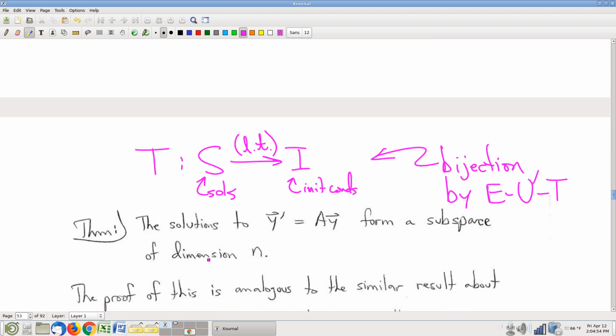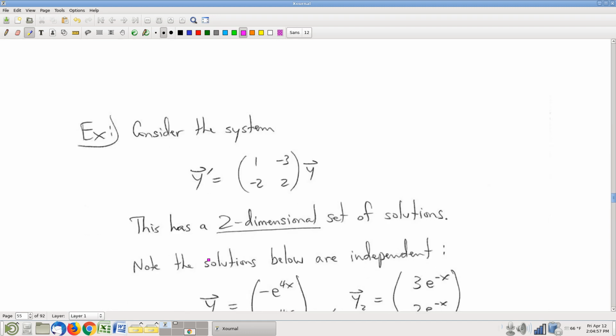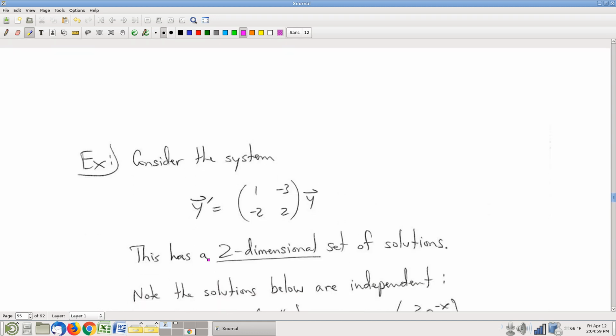So here's an explicit example. This system right here is a first-order linear system of differential equations. And let me explicitly write that out for you, just to remember what we're talking about.